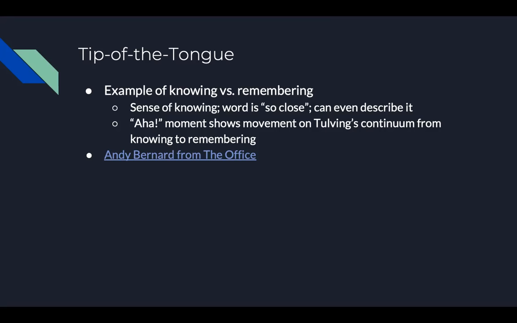A fun example of this is the character Andy from the show The Office. If you've never seen this show, there's a really famous bit for the character of Andy in one of the episodes where he has the Kit Kat theme song stuck in his head, and he can't remember the last part of it.